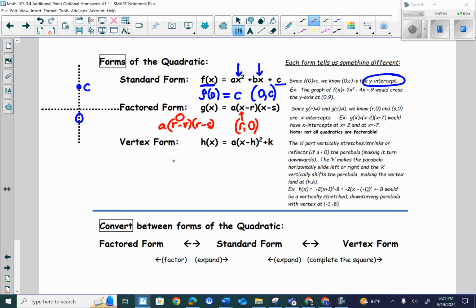And 0 times anything is going to give me 0. So I can say here that g of r equals 0.